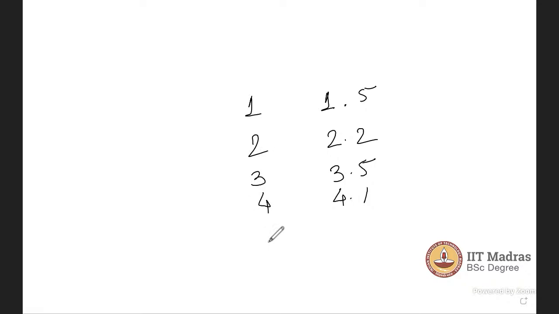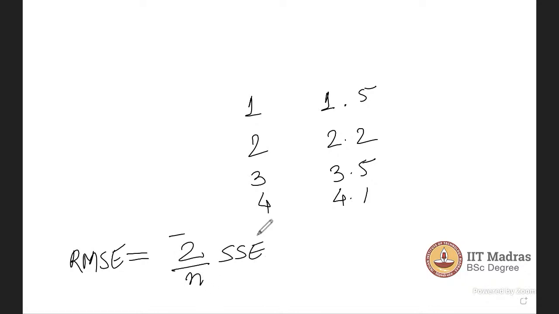So in order to calculate the root mean squared error, its formula is something like, anybody would like to say what the formula is? Root mean square, I think 2/n, right? Because mean is there, 2/n, and then SSE, with a root over it.